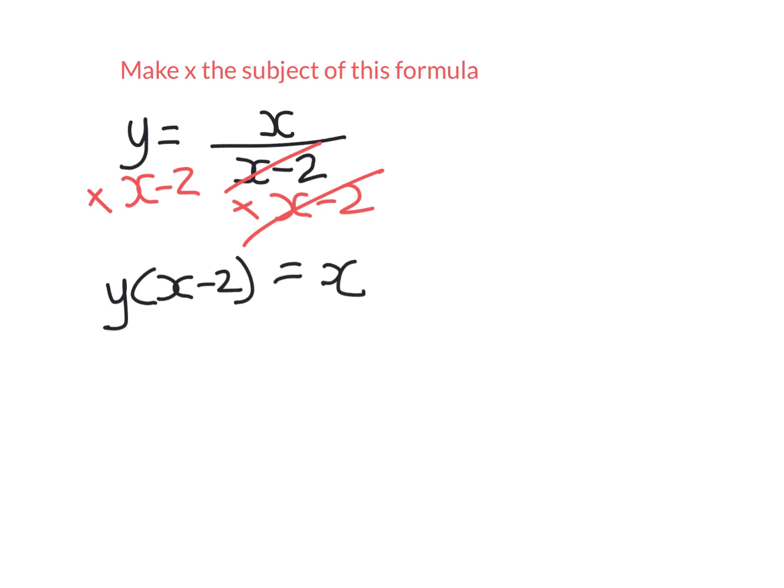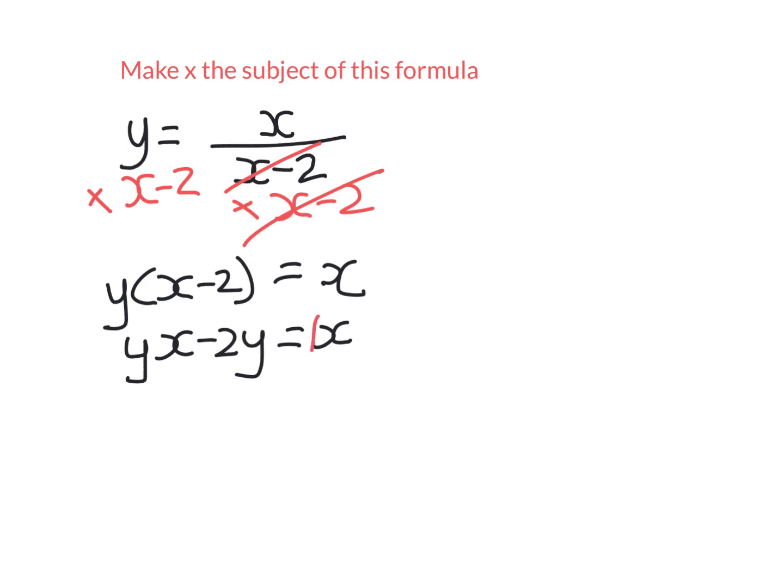So if this were just a normal equation, like 4 times x minus 2 equals x, we would expand the brackets, then subtract the x with the lowest coefficient. We're not going to do any different here. We're going to expand the brackets like this, and we want to subtract the x with the lowest coefficient. We don't really know which is the lowest coefficient.